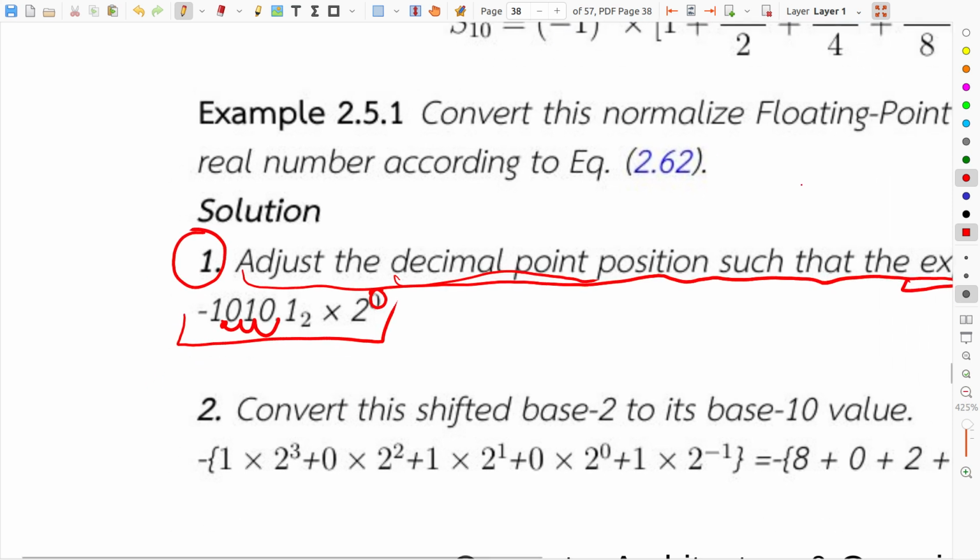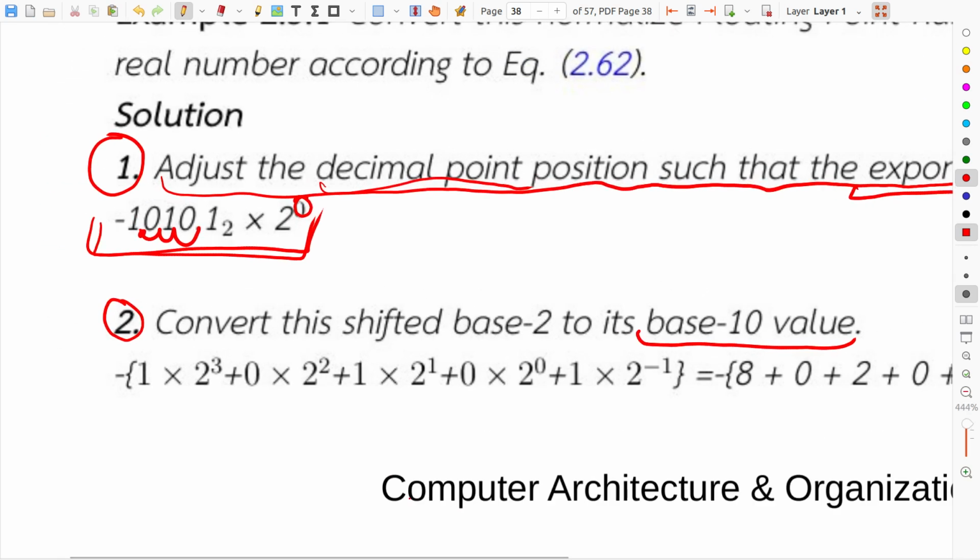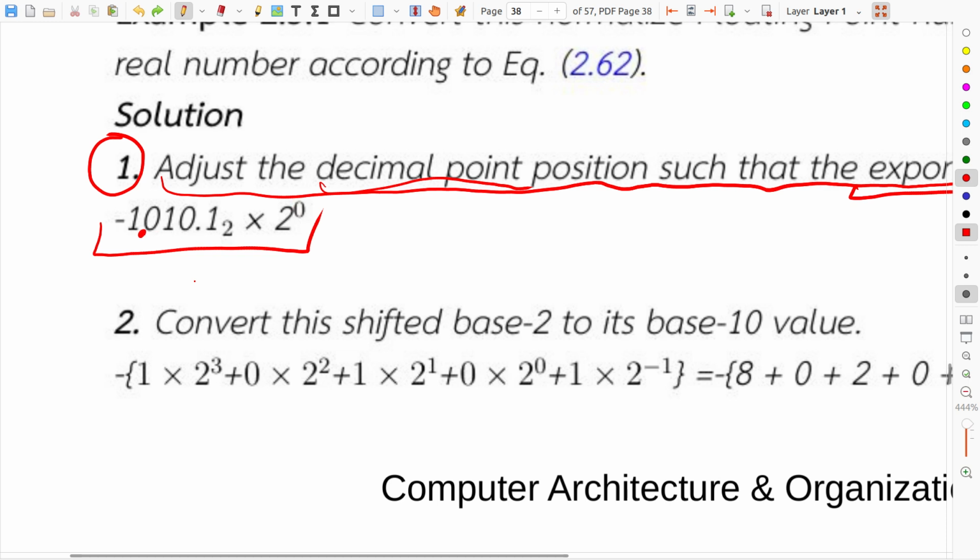All right. Step number 2, convert this number to a base 10 value. Look carefully at the left-hand side of the decimal point.